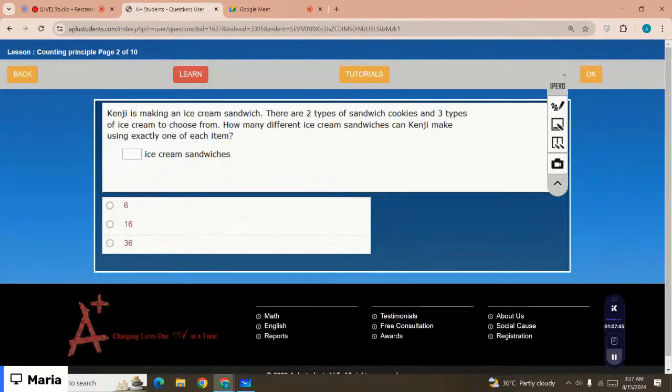Kenji is making an ice cream sandwich. There are two types of sandwich cookies and three types of ice cream to choose from. How many different ice cream sandwiches can Kenji make using exactly one of each item? So which is the correct option?